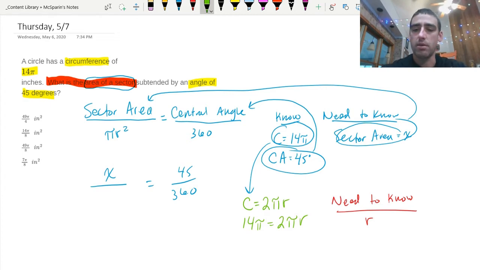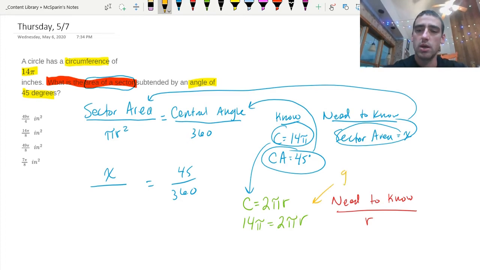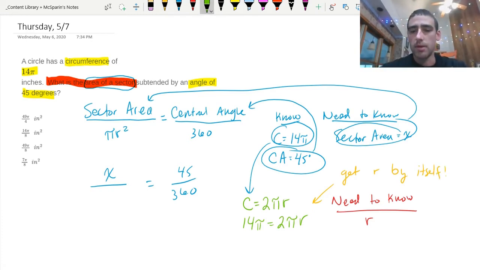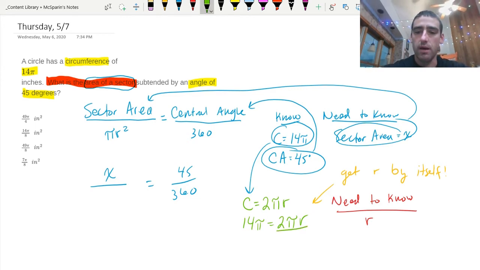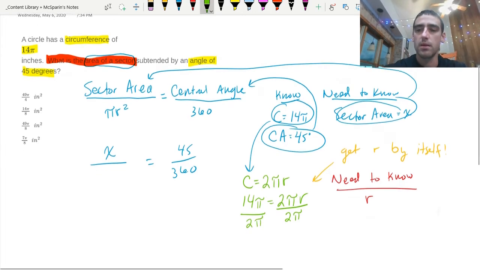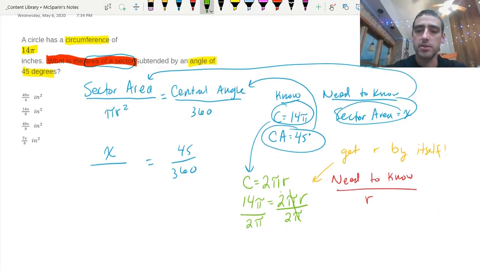And now I'm going to get r by itself. We're just using algebra now. Okay. So I'm just going to divide by 2 pi. That'll leave r all by itself. So my pi cancels, my 2 cancels. 14 divided by 2 is 7.